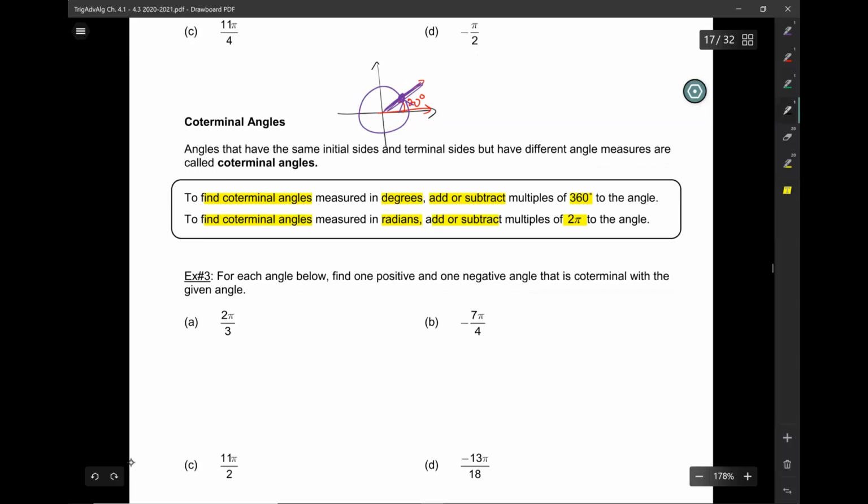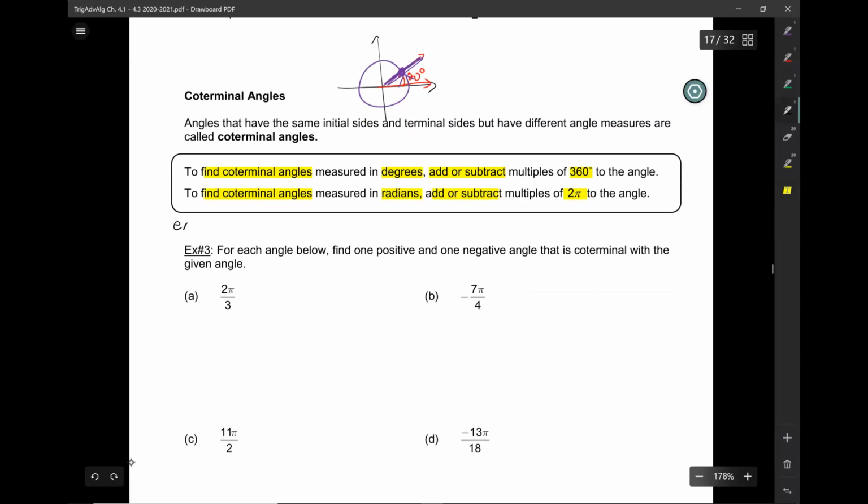Okay, let's do an example here. Suppose I had an angle of 50 degrees. I can take the 50 and add 360 and get an angle of 410. Or I can take the 50 and subtract 360 and I get an angle of negative 310.